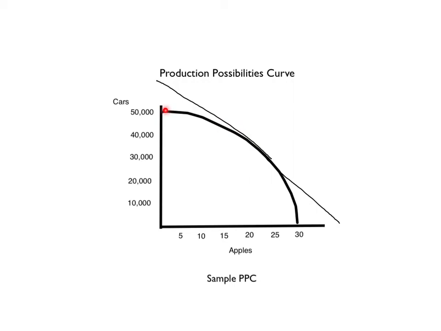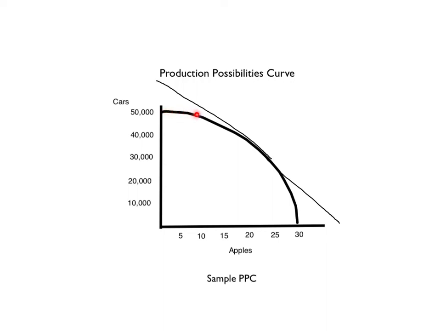The reason for that is that the more of one thing we want, the more it's going to end up costing us in terms of the other thing. So maybe the first million bushels of apples only costs 500 cars, but the second one costs 750. So it's not that the total costs are going up, it's that the cost of each next million bushels of apples keeps on getting higher.